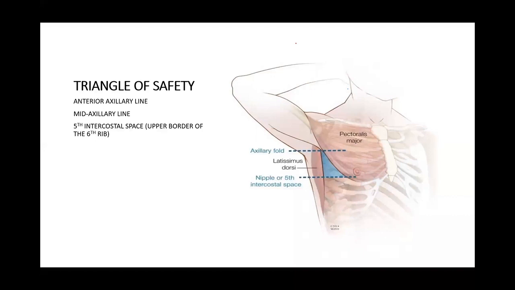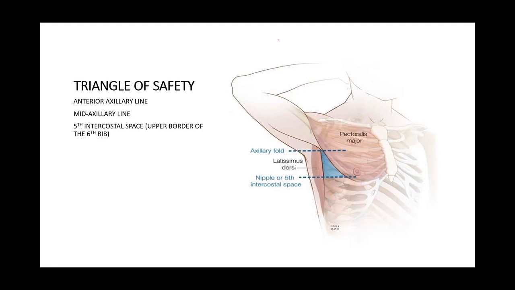And when you are passing a chest tube, you should know that you go through the upper border of the lower rib in the intercostal space, because the neurovascular bundle, the intercostal vessels and nerves, are located in the lower border of the rib.